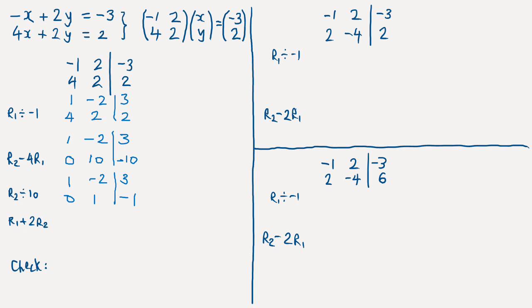So we're not doing anything to the second row in this case, so we'll just write it down again, but the first row now will be replaced by the first row plus 2 times the second row from the previous step. So we'll still have 1 here, and then we'll have a 0 here, and then we're going to have 3 plus 2 times minus 1, which is 3 minus 2, which is 1.